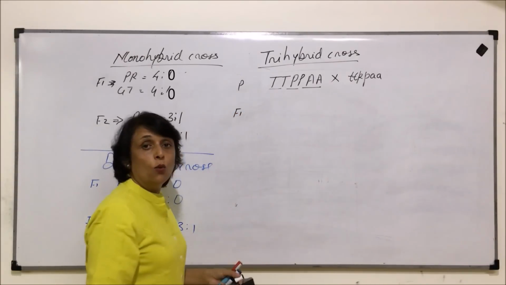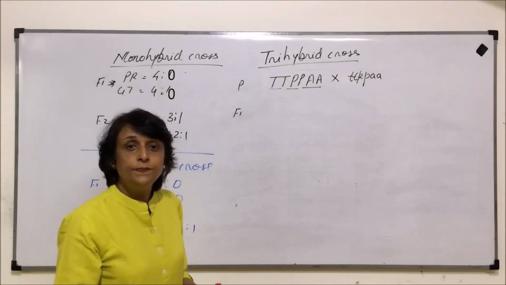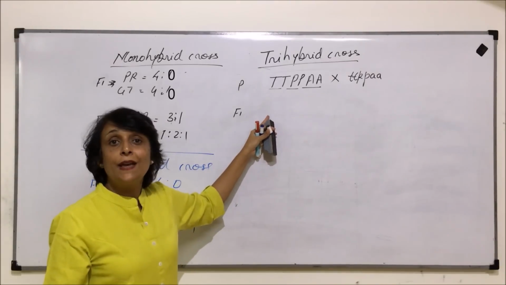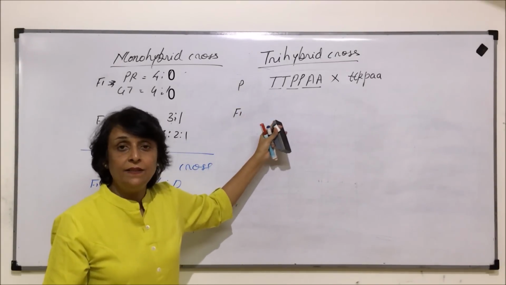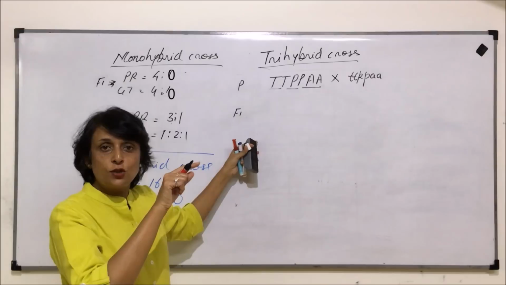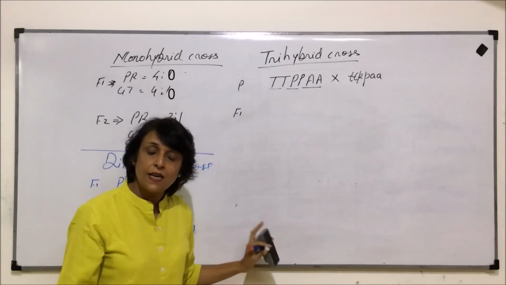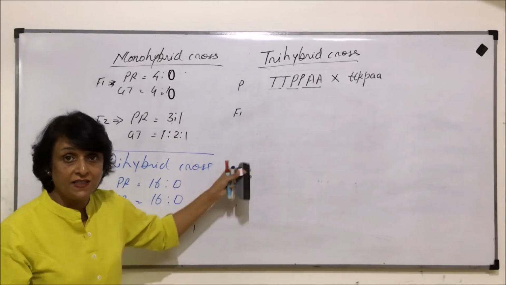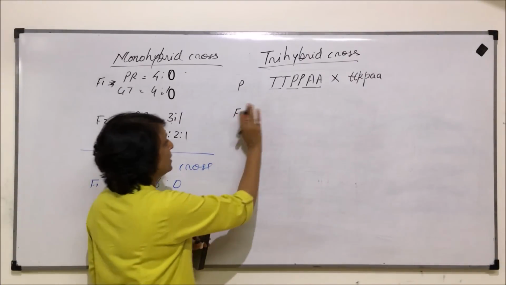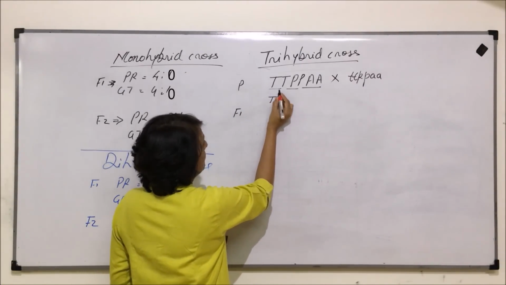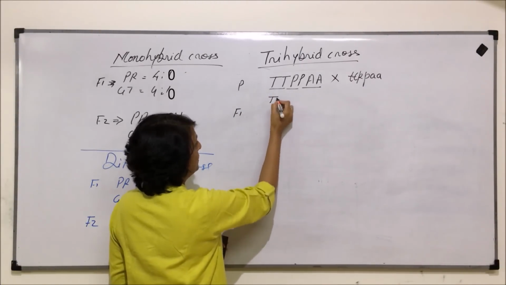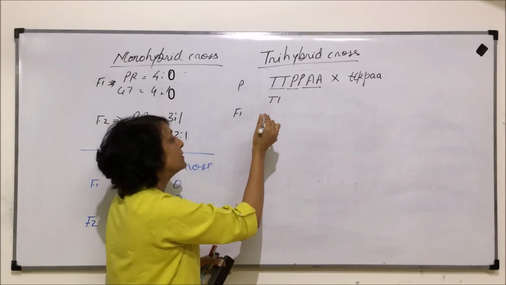In F1, what ratio do we expect? Here, the number of gametes are going to be 8. So 8 gametes of one parent on one side of the Punnett square and 8 gametes on the other side. So we will get 64 offsprings in this cross. Let us first talk about the gametes. One out of these 2 T's, capital, because they are both capital T's.